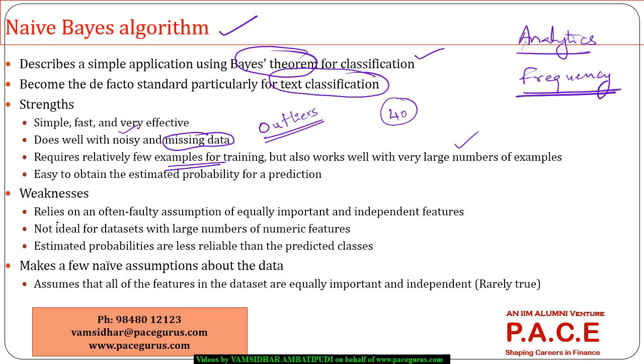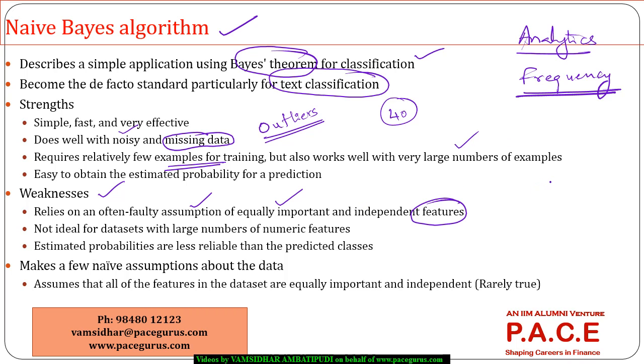But on the wrong side, there are a few weaknesses associated with the model. The basic assumption this model makes is that all the features you are providing to it are equally important. So it cannot say that a few features are highly important compared to the others.